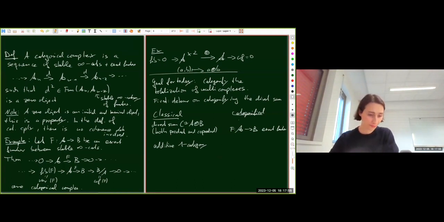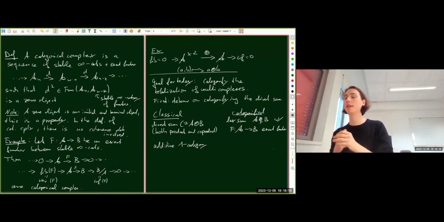And then the direct sum is categorified by what we call the lax sum. I'll define it a bit later. Let me say one thing: if f is a 0 functor, you just get the usual product of categories, which is also then a coproduct.